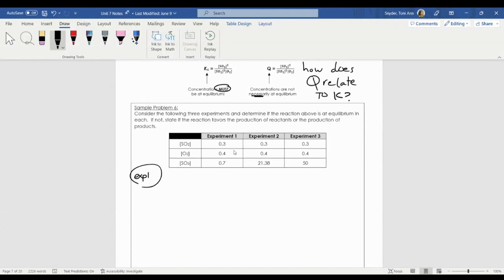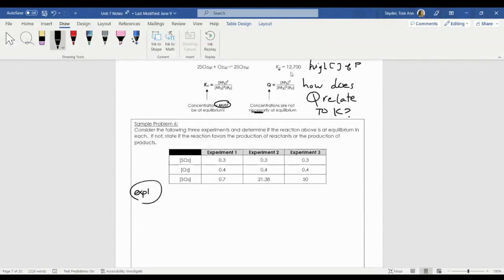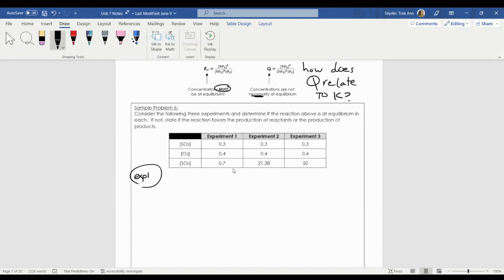We'll be at equilibrium if my value of K is equal to 2700. Let's see if that's what we get. So Q is equal to my concentration of SO3, which is 0.7 squared, over 0.3 squared times 0.4.